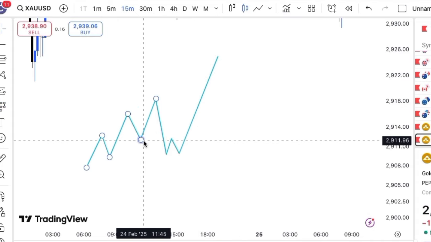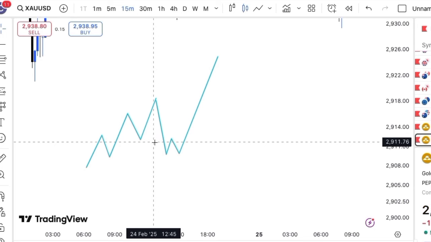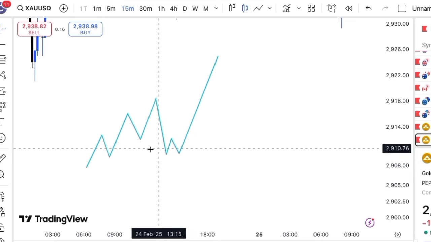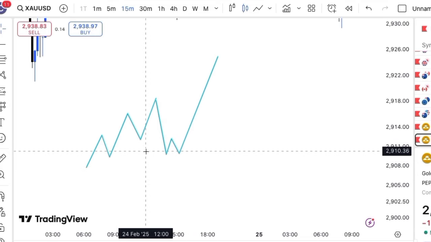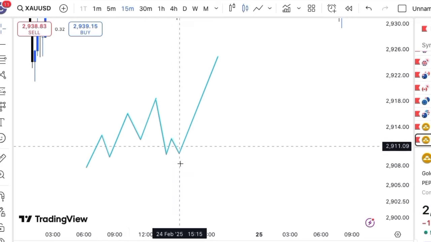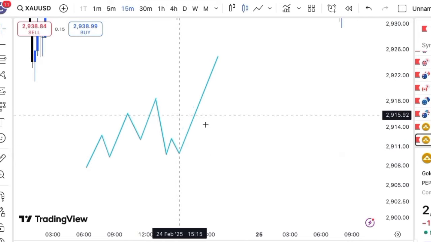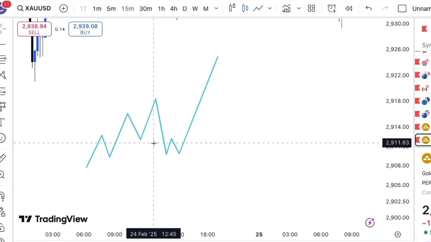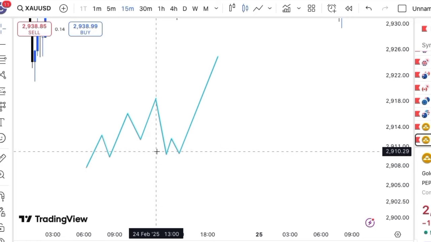Why? Because as soon as it breaks this low, you think it's going to start selling. No, it's not going to start selling. Remember, you are on a lower time frame, so market will not shift because it did this in a lower time frame. When it comes to gold, even in higher time frame, it doesn't even happen. So when it breaks a low, that's even another confirmation for you to enter.